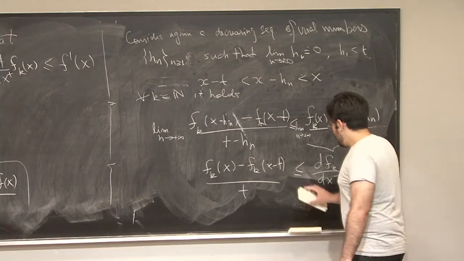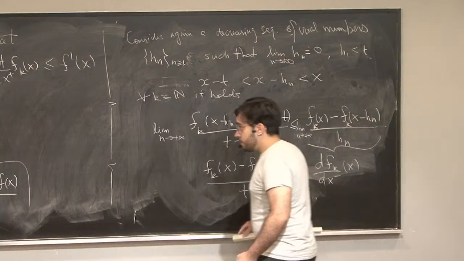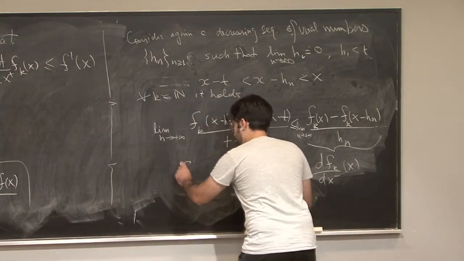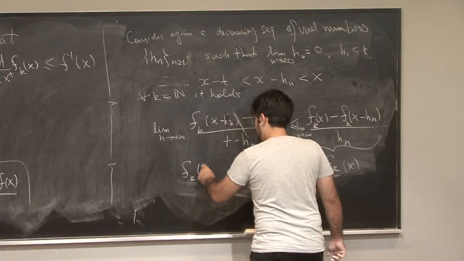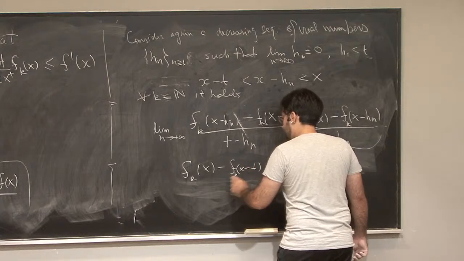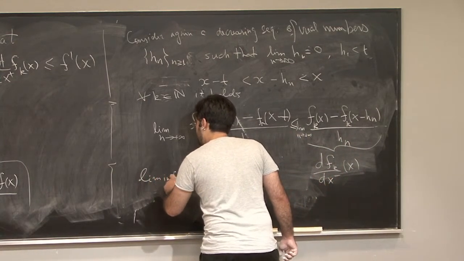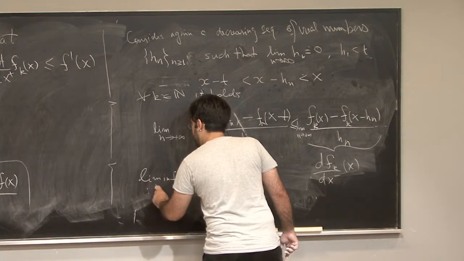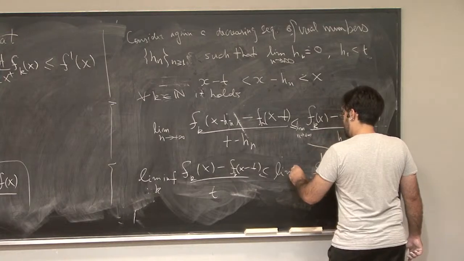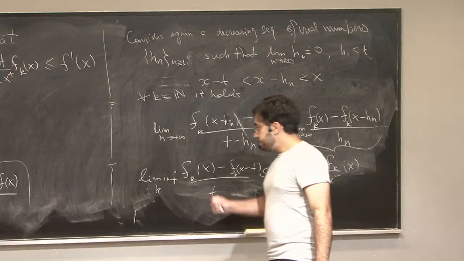So if I take the liminf instead, so if I take the liminf of fk(x) minus fk(x minus t) over t, with respect to k, this will still hold.